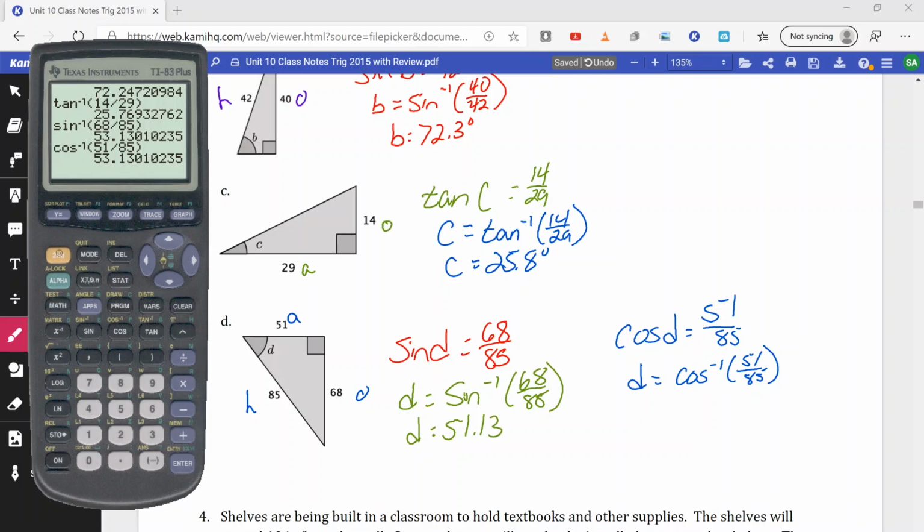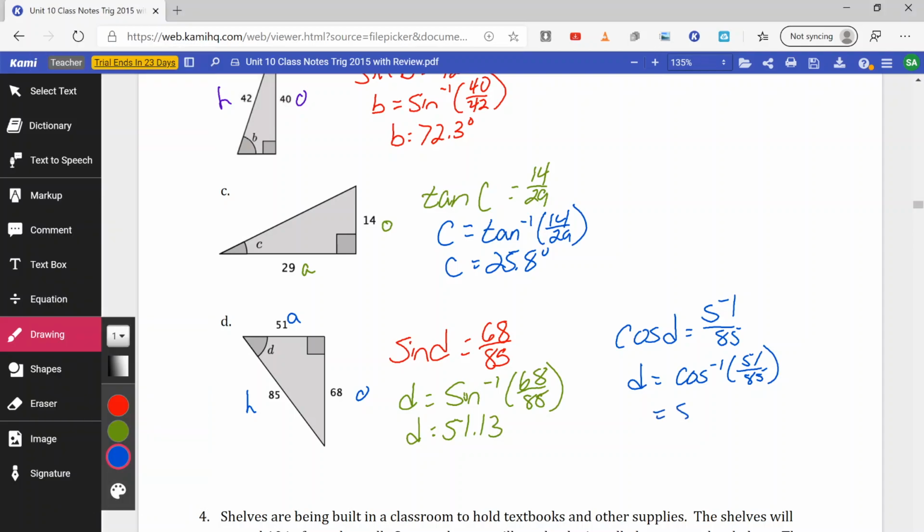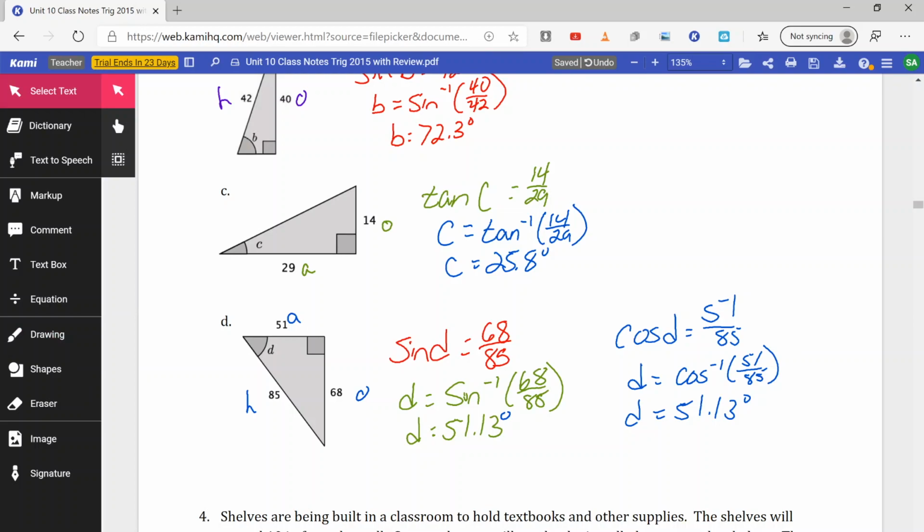And if I did the arc tan, opposite over adjacent, 68 over 51, I get the same thing. So this is why we could have picked any one of the three. We'd have gotten the same thing from either one. So 53.13 degrees. So that is using arc cos, arc sine, or arc tan to figure out unknown angles within a right triangle, as long as I know two out of the three sides.